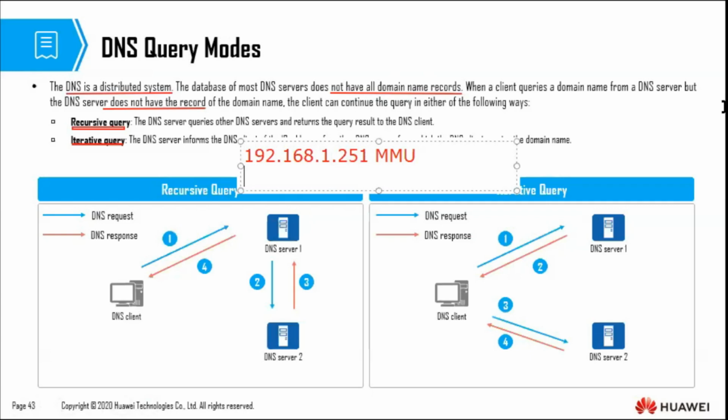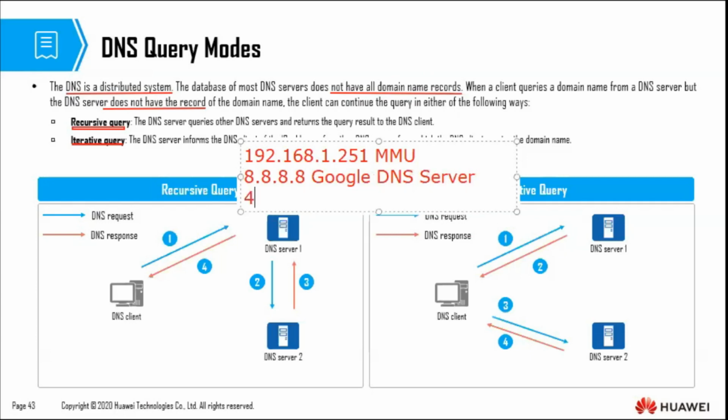But on the internet, we have 8.8.8.8, which is a Google DNS server. We have 4.4.4.4, which is also a Google DNS server. And we have many other DNS servers. Some have public IP addresses and therefore can be reached publicly, some are local.